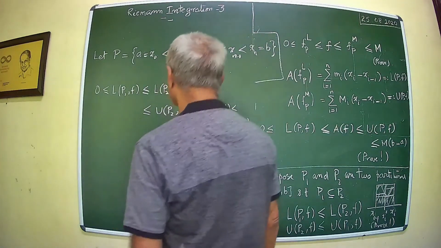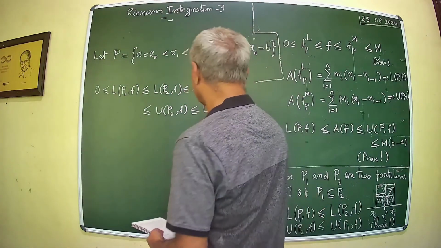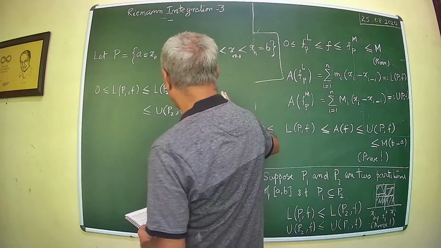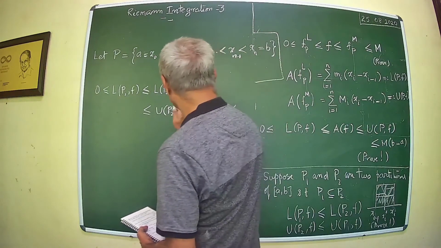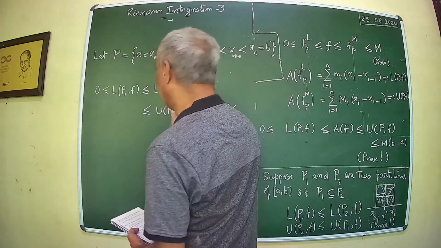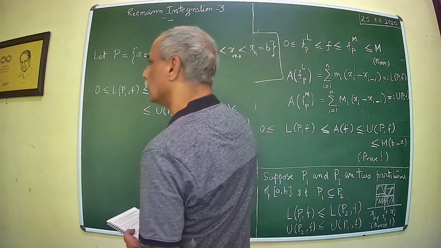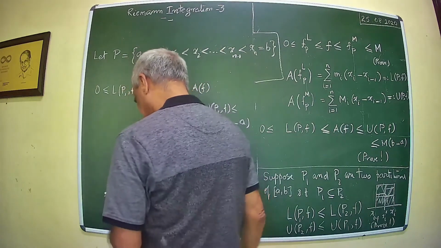This is the inequality. So you see that with refinement, the upper sum has moved closer to the area of F from above, and the lower sum has moved upwards towards it. So what do you get?